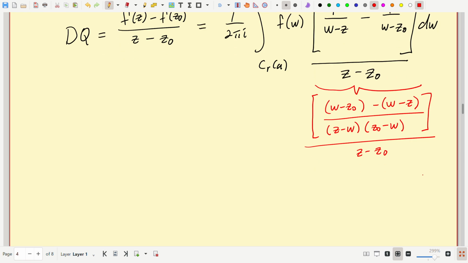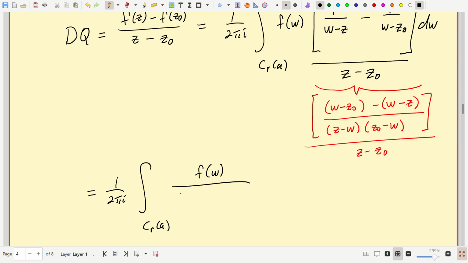So it's just junior high algebra that shows that difference quotient is nice and clean to look at. It's the integral around the circle of f of w times, when you clean it up, the z minus z naughts cancel. That's the miracle.